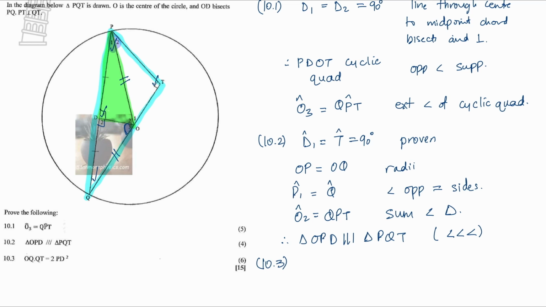So we can say that OP divided by PQ is going to equal PD divided by QT. And that's because triangle OPD is similar to triangle PQT.